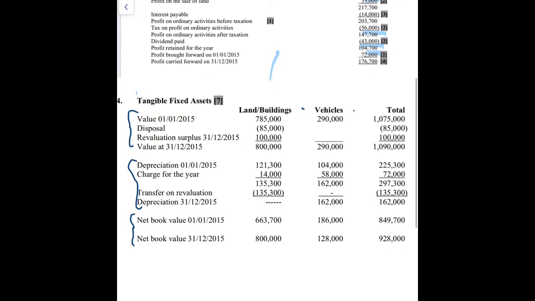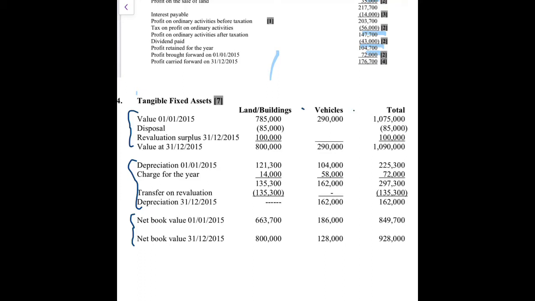At the start of the year we had land and buildings of €785,000, and that figure is coming from our buildings at cost, which is in the trial balance, of €700,000, and it's also from the land that we sold. So on point 5 it says during the year land adjacent to the company's premises which had cost €85,000. So at the start of the year we had the premises, which is sitting in the trial balance, and we also had that land at the start of the year. So that's where the €785,000 is coming from.